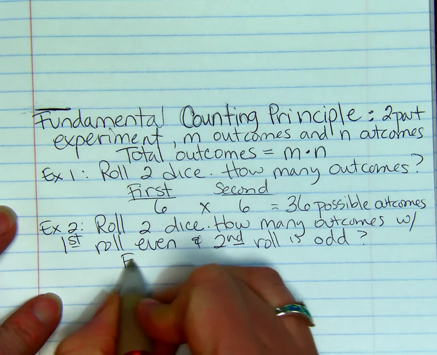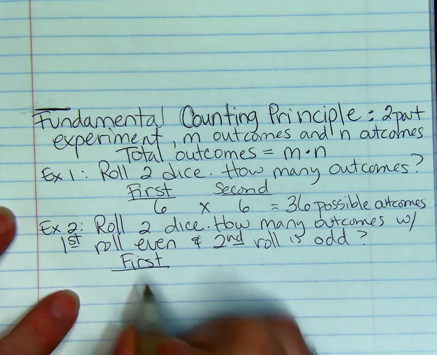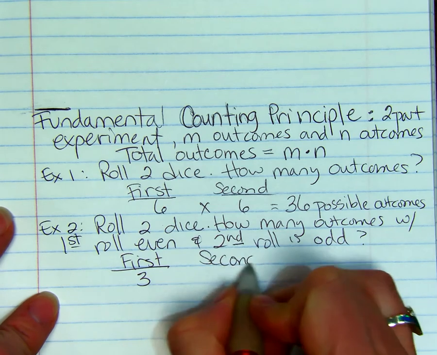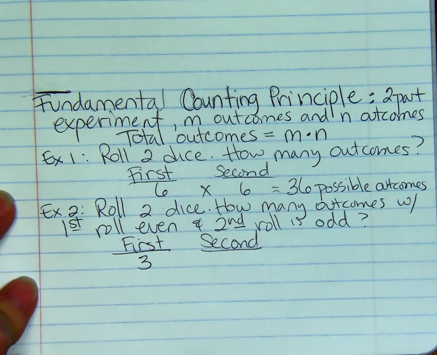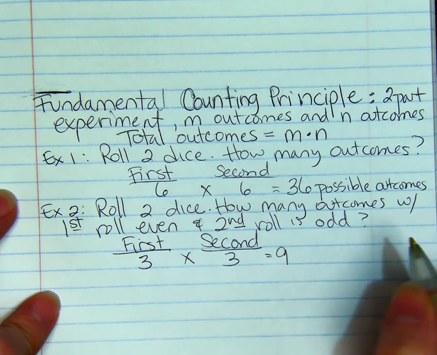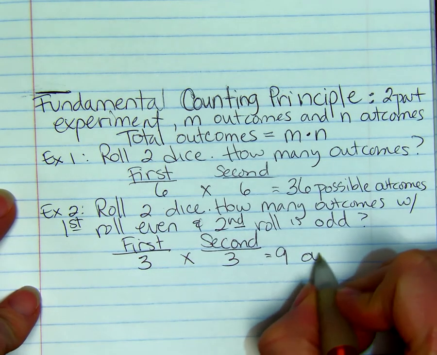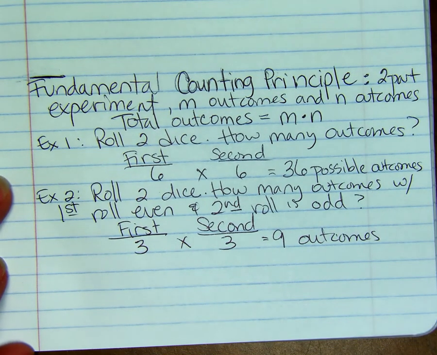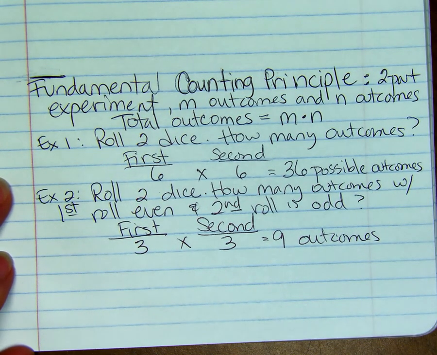So the first one, there's 3 even numbers, so there's 3 outcomes. The second one, there's 3 odd numbers, 1, 3, and 5. So we do 3 times 3. There will be 9 possible outcomes rolling 2 dice and getting the first one even and the second one odd.